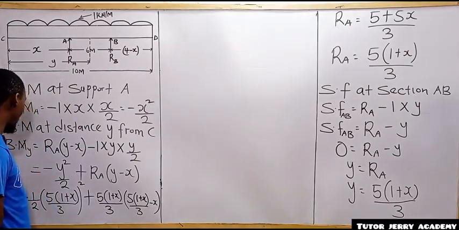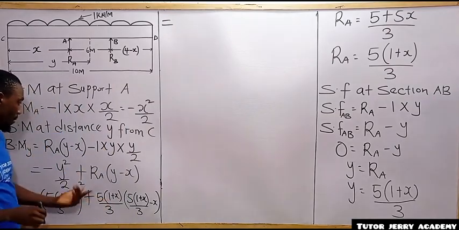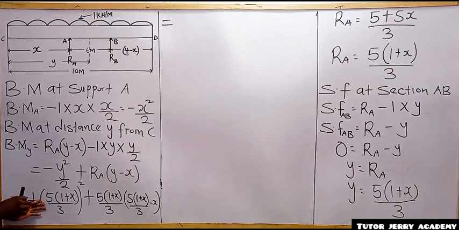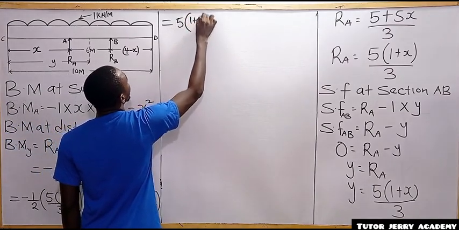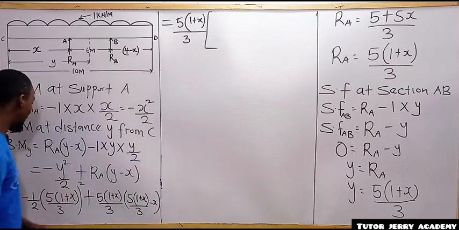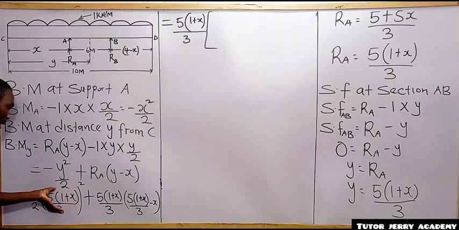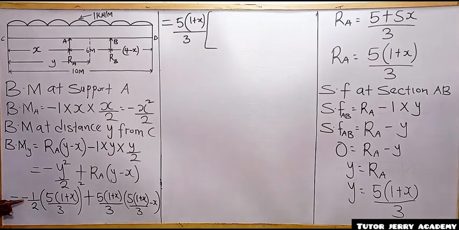So this will be equal to, now if you look at this critically, you observe that we have 5 into (1 plus S) all over 3 common here and there, so we can factor it out. So we factor it out and we are going to have 5 into (1 plus S) all over 3, then into, here we'll still be left with the same number, but this time around we are multiplying by negative half.